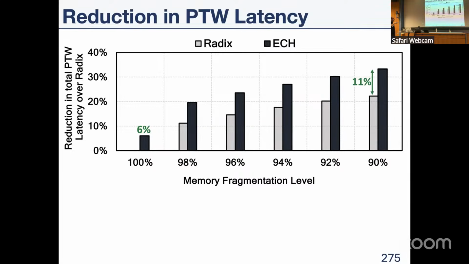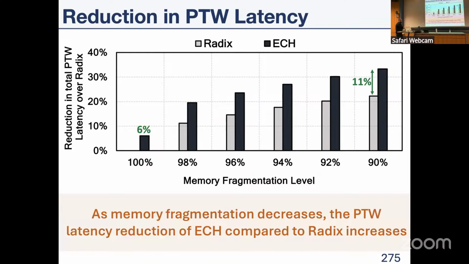And as you can see, as we decrease memory fragmentation, which means more and more 2 megabyte pages are being given to the application, the page table walk latency reduction of elastic cuckoo hashing, which means accessing the hash-based page table with more 2 megabyte pages, leads to a much higher latency reduction compared to what we gain by providing 2 megabyte pages to the baseline design.